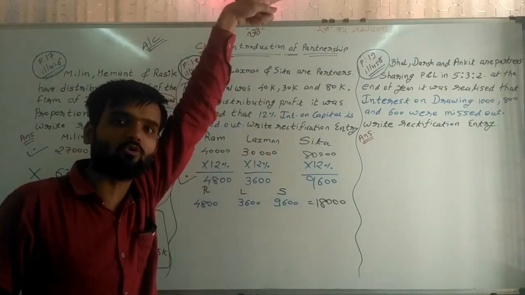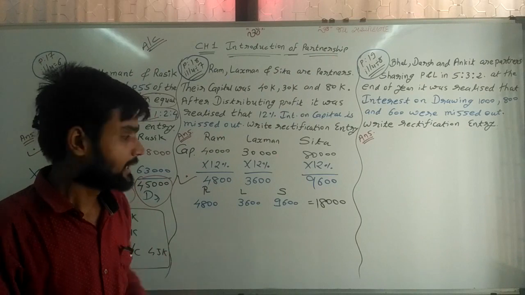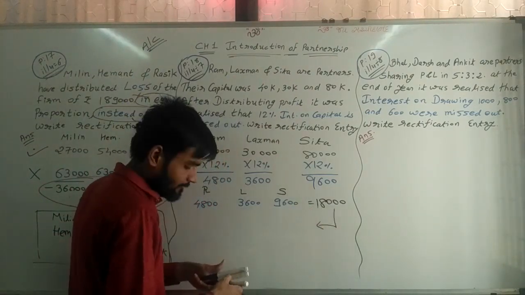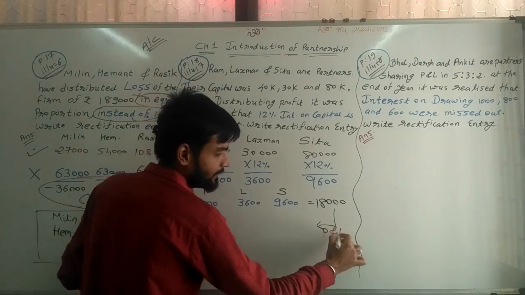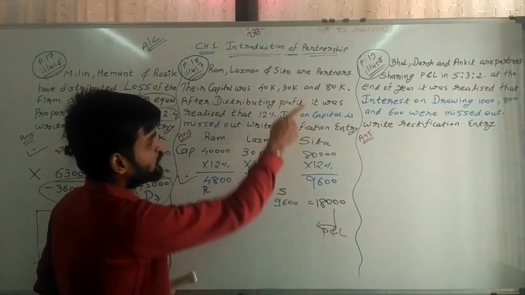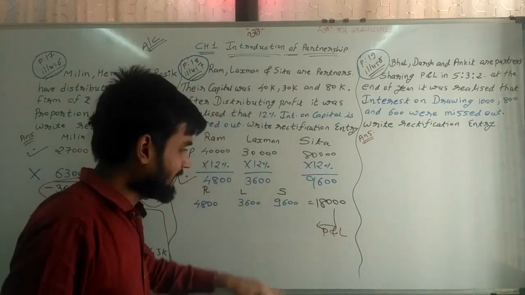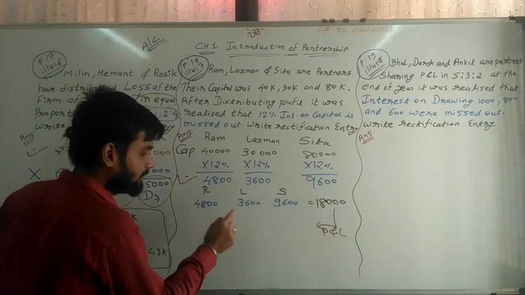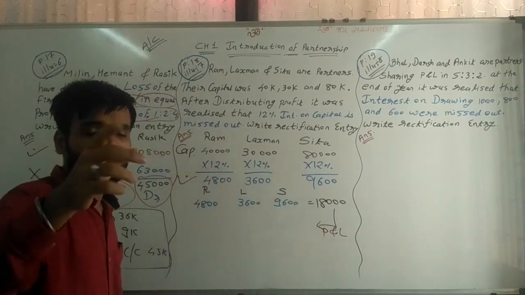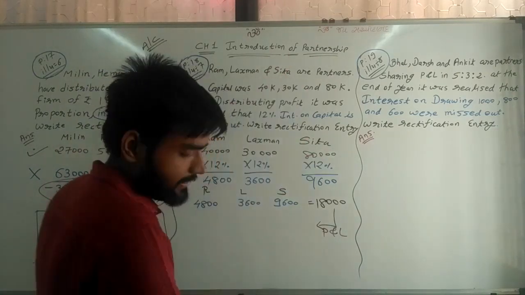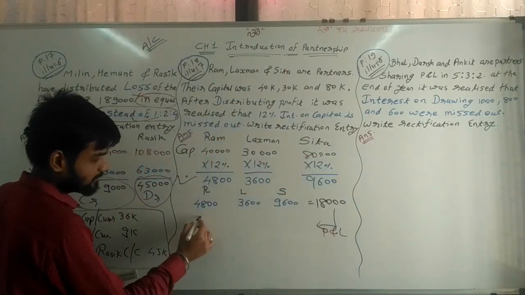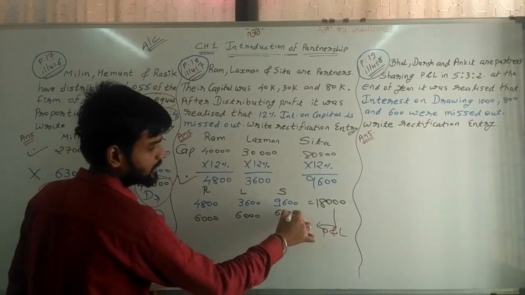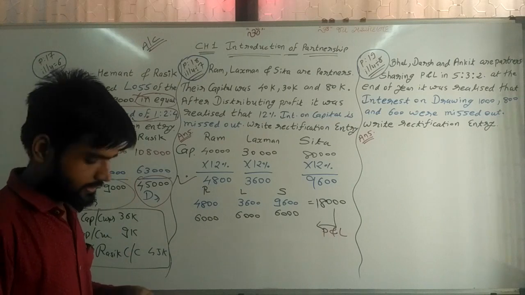That's why as per the 1932 Act, we have to take equal proportion. So 18,000 we are distributing in 3. So 18,000 divided by 3, 6,000 to all partners.